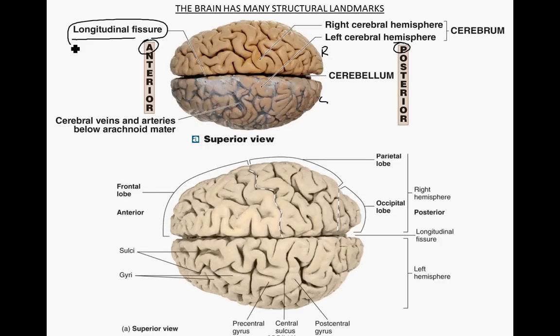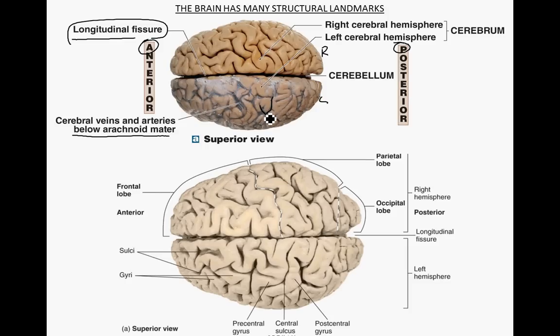Some of the brains will still have the dura mater or the arachnoid mater in place, and here we see the arachnoid mater, and then we're going to see blood vessels just deep to that, which will look like very darkened black structures that are sitting in the sulci, right? And in between then the gyri.